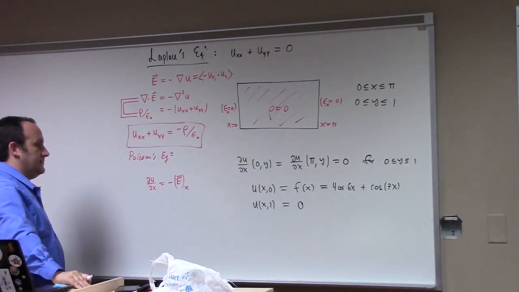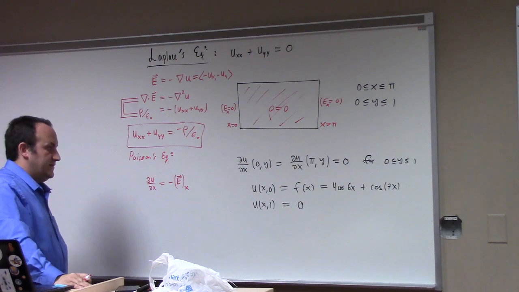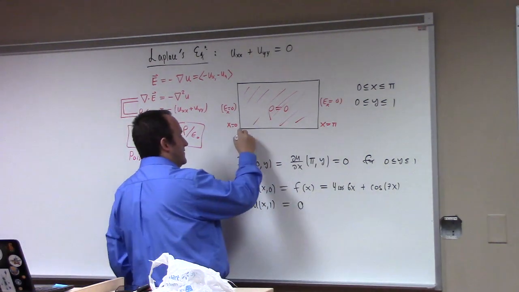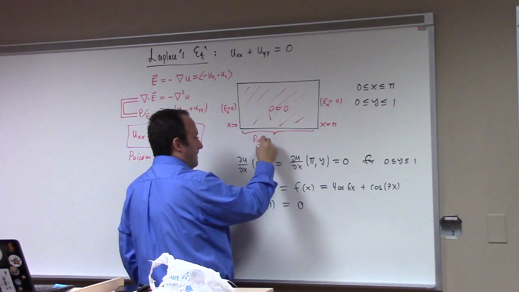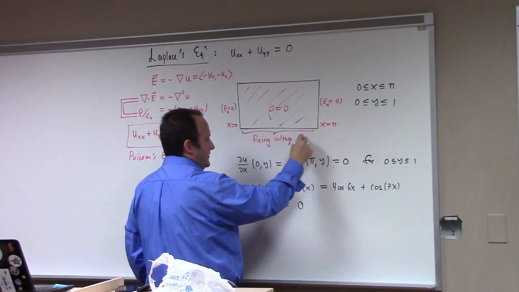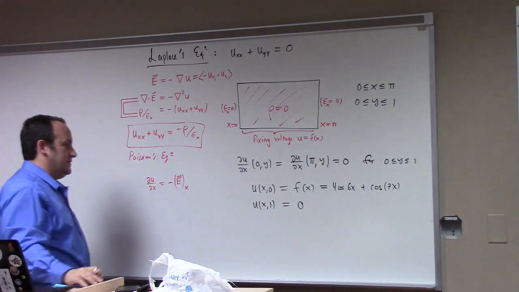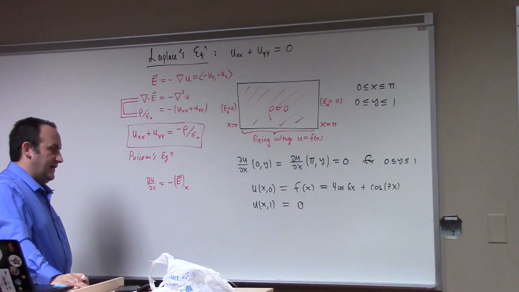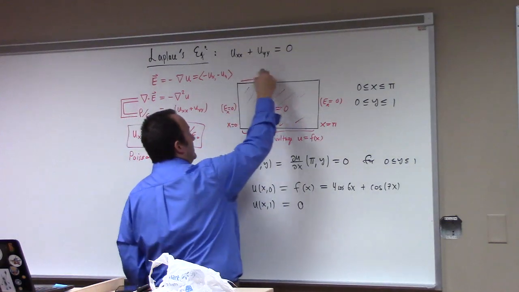And for the other boundary conditions, u of x, 0 being f of x, we're fixing the voltage u equal to f of x there. And then the other boundary condition says that the voltage is set to be 0 at the top edge.